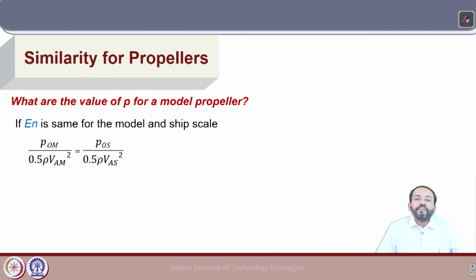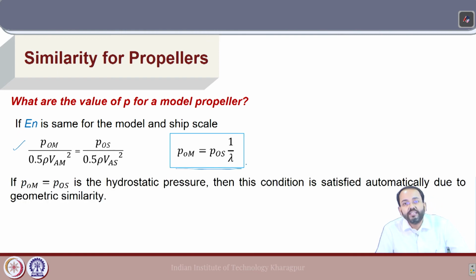On the other hand, if we look towards the pressure component, if we keep the Euler number, or the pressure coefficient here, the same between the model and full scale, we get that the pressure in the model scale is the full scale pressure divided by lambda.